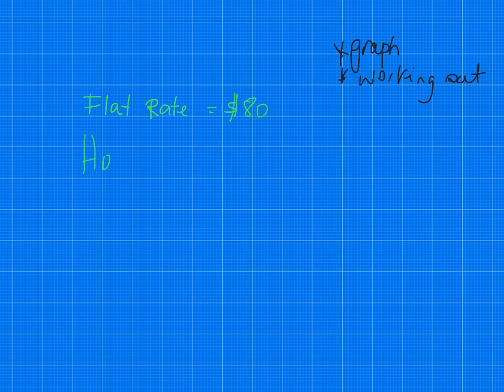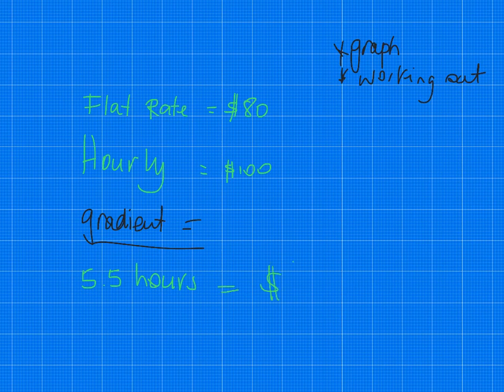We have an hourly rate of $100. I would like you to work out what the gradient is. You need to tell me the gradient based on 5.5 hours of work. How much money will I have earned? So once again, the graph and the working out. See you in class.